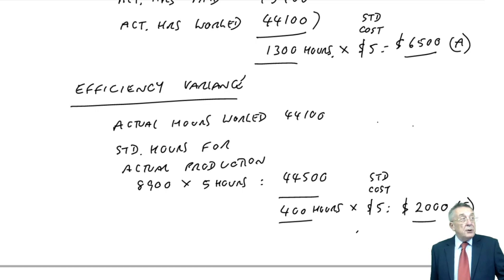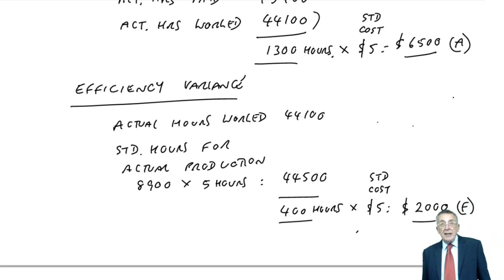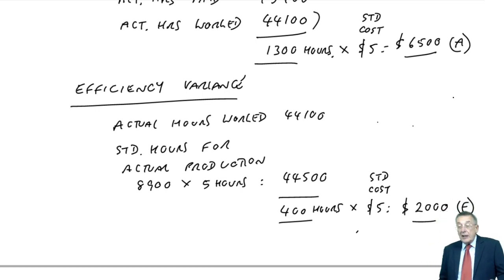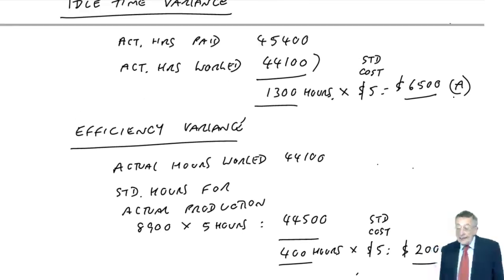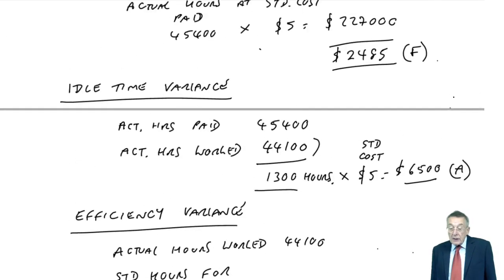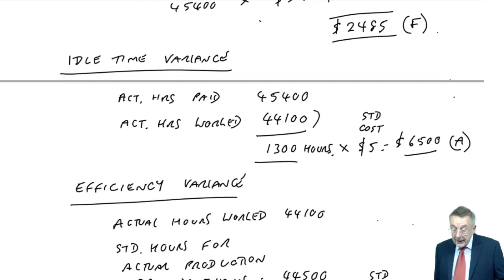And although I'm not going to keep doing this because you wouldn't be in a position to check in the exam, in the exam, calculate the efficiency variance, right? You either know the rule or you don't, and out it comes. But because of what we did earlier, the total of those three is what?